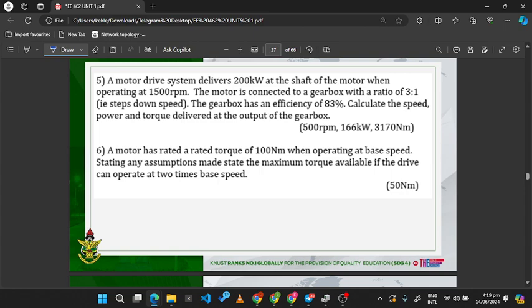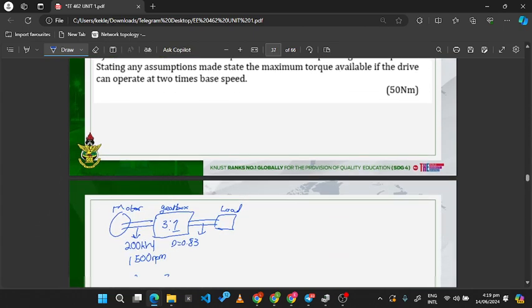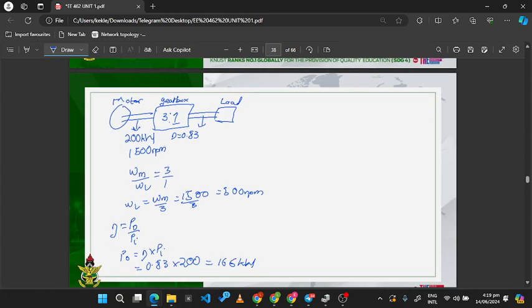Then we are to calculate the torque delivered at the output of the gearbox. So at the output of the gearbox, we still know our power is torque times speed. We have the speed at the output of the gearbox, so you can find the torque as the power divided by the speed. But remember, the speed has to be in radians per second. So that's 500 times 2 pi over 60, right?